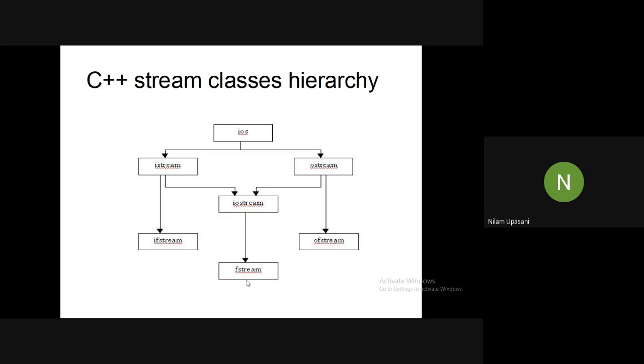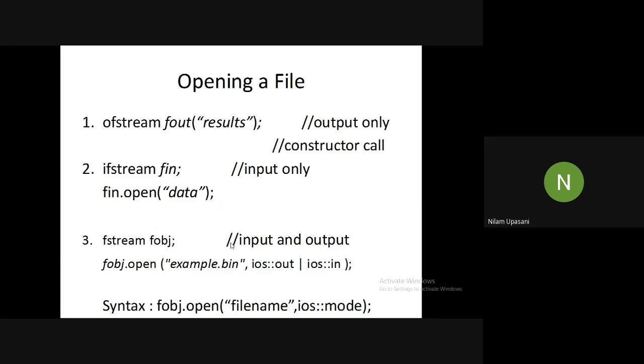And if that file is used in the same program as input as well as output, to write data into that file, in that case, we can create an fstream object. So it is based on the requirement, what operation you want to perform. Accordingly, you can create an object of this or maybe this. How, that part we'll discuss now.